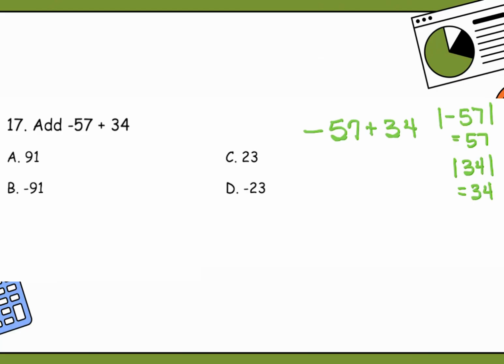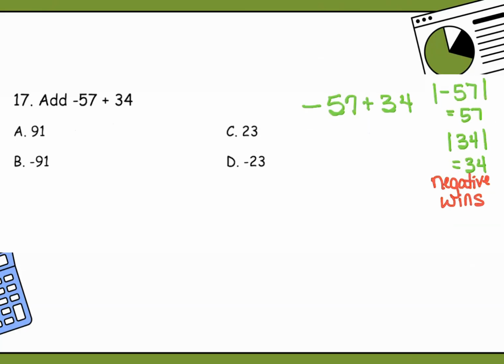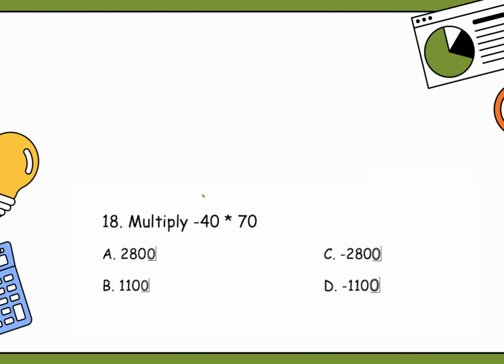So we can see that in this situation, we have more negatives than we have positives. The next step to solving these problems would be to subtract the absolute value. So 57 minus 34, 7 minus 4 is 3, 5 minus 3 is 2. So the answer here is a negative 23. Letter D is the answer.